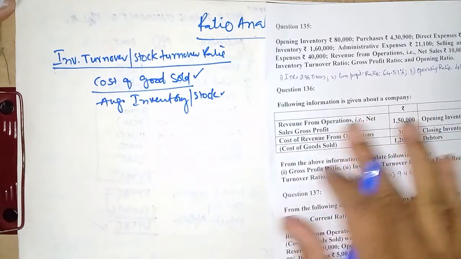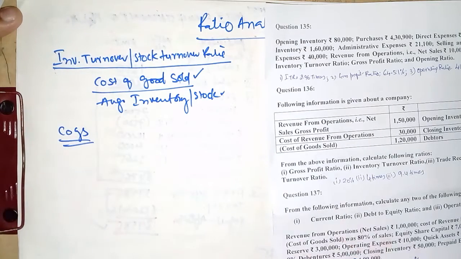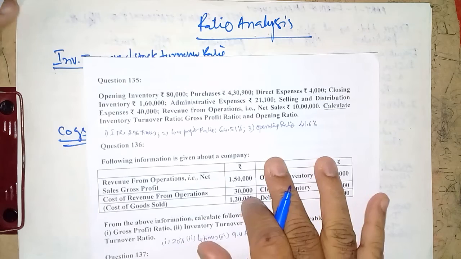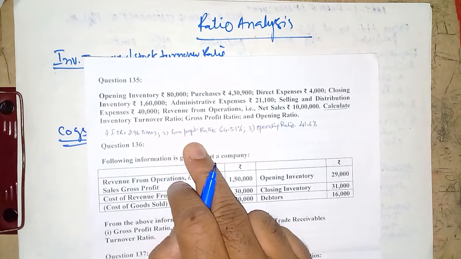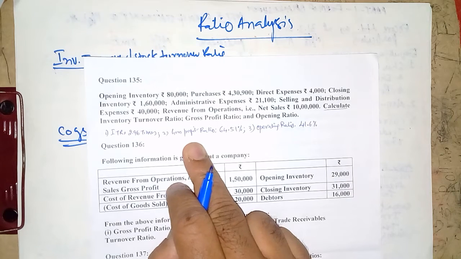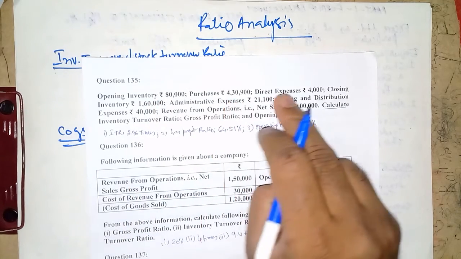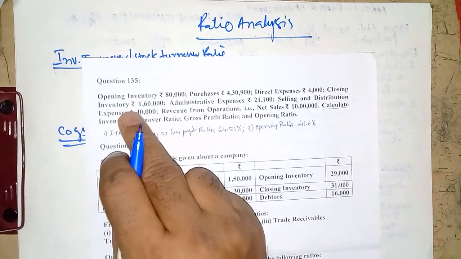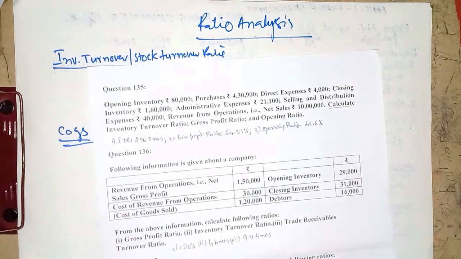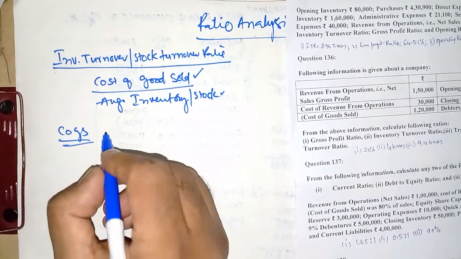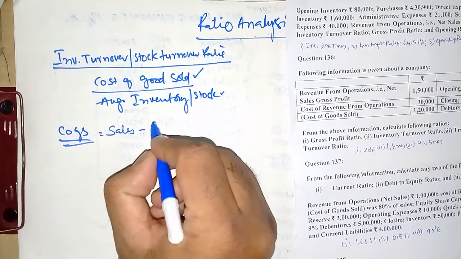So cost of goods sold, first we'll take up COGS. How to calculate COGS? The calculation of COGS is based on the information provided in the question, right? We have opening inventory, purchases, direct expenses, and closing inventory. For cost of goods sold, there are two formulas. One is sales minus GP.